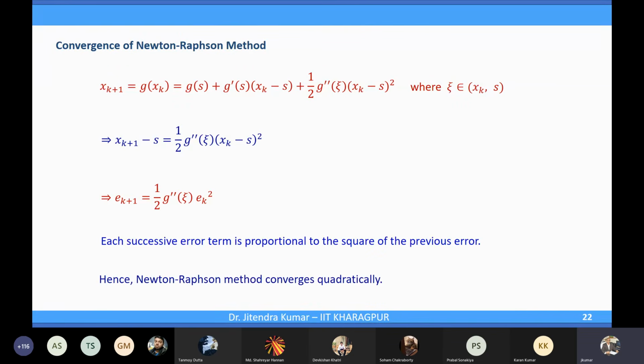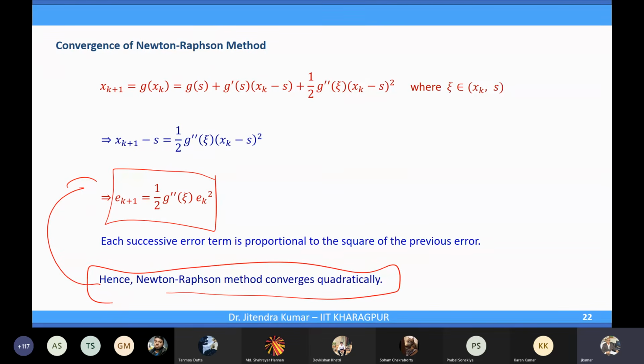I will mention that in a remark in a minute. So the Newton-Raphson method converges quadratically. That is very good news. This is exactly the meaning of this statement: when the error is quadratic in the previous error, we call that the method converges quadratically.